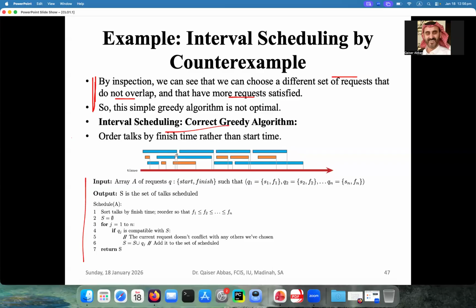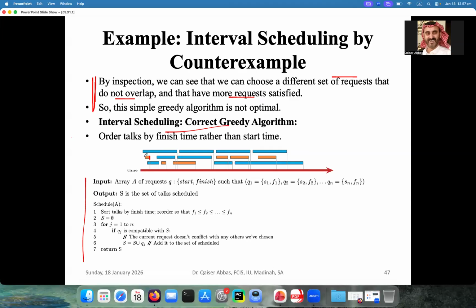Finish time, does it depend on the algorithm we design, or does it depend on the operation that is going to execute? Finish time is the time of each request. So finish time is not the time of the algorithm, it is the time of each request.